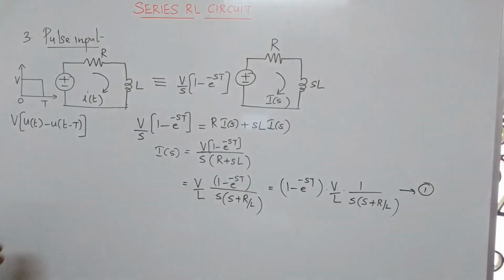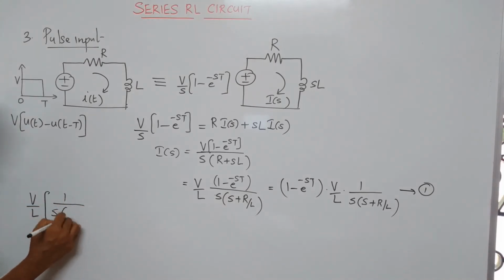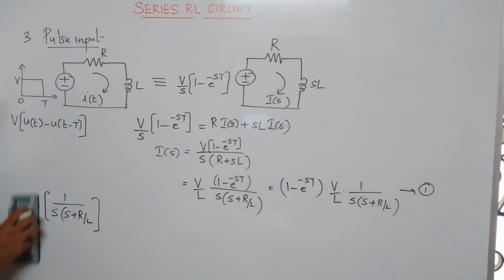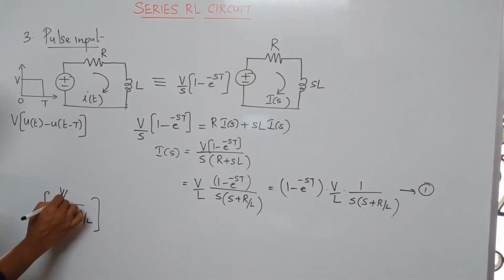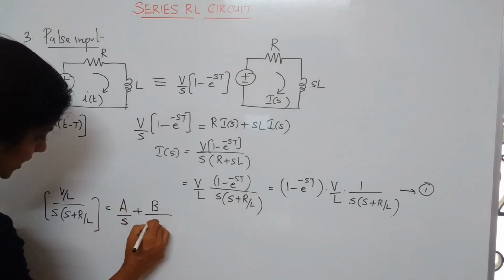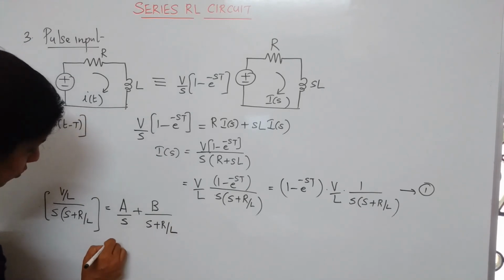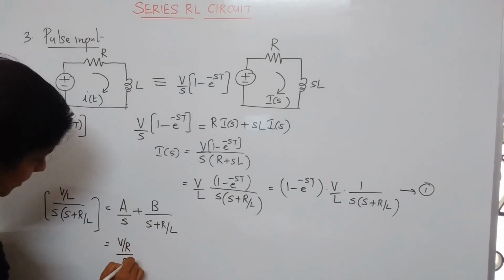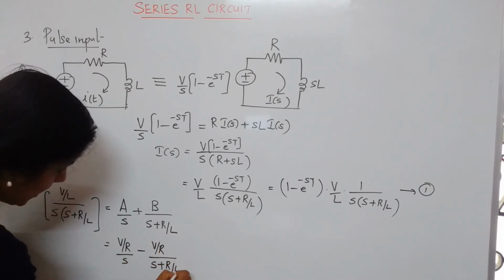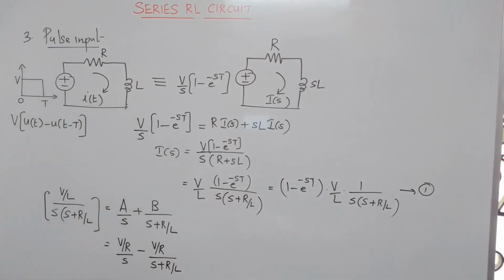From that I am taking just the V by L into 1 by S into S plus R by L portion. This can be written as A by S plus B by S plus R by L, which on simplification we get V by R by S minus V by R by S plus R by L. Now we can substitute this in 1.